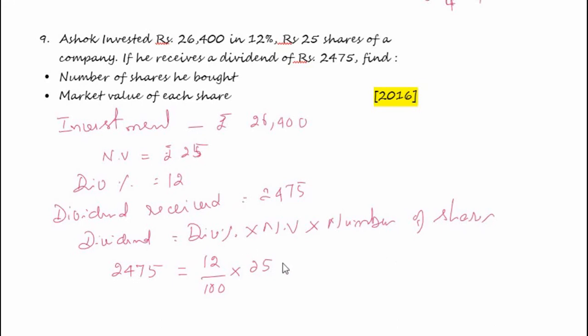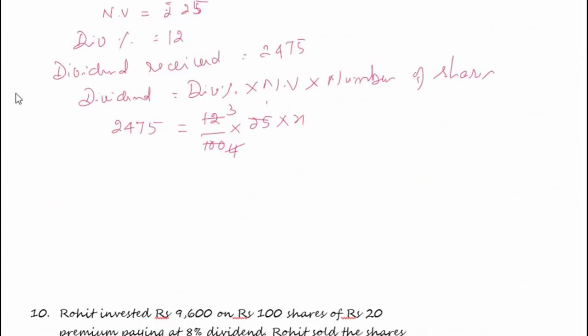We need to calculate number of shares here, so let us take it as X. Now 25 once 25, 4 times 4 once 4, 3. So 2475 equals 3x.